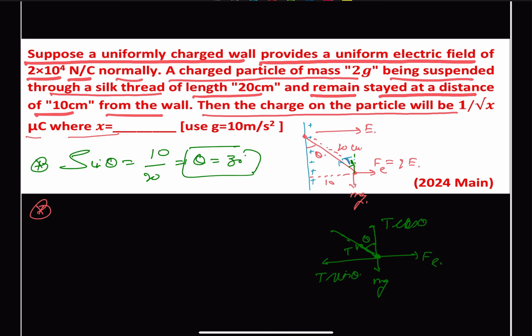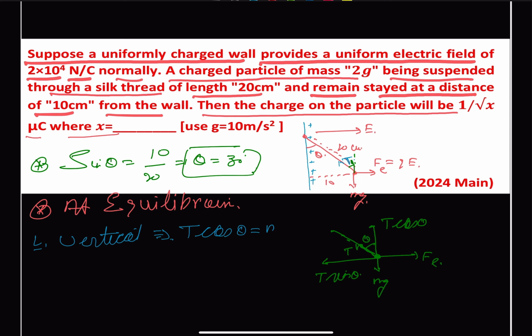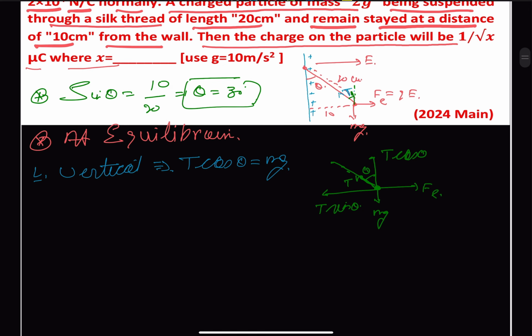So at equilibrium, vertical, we can say T cos of theta is equal to mg, and horizontal, we get T sine of theta is equal to our Fe.